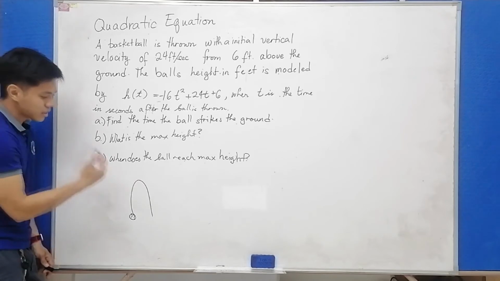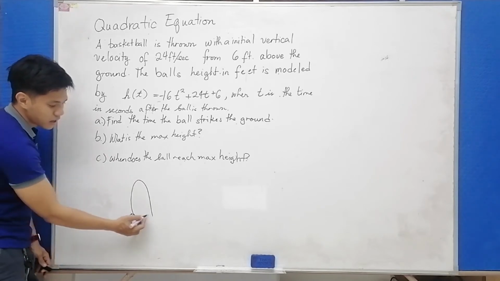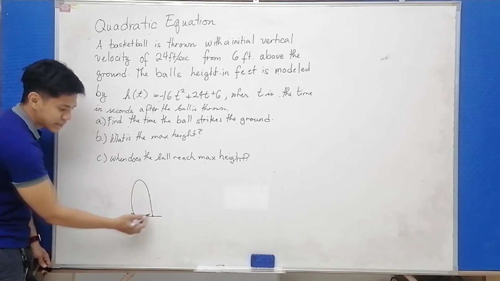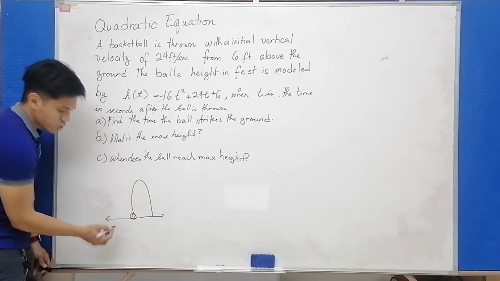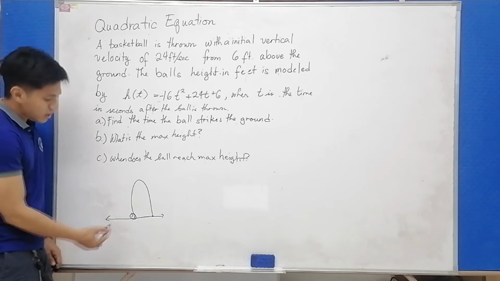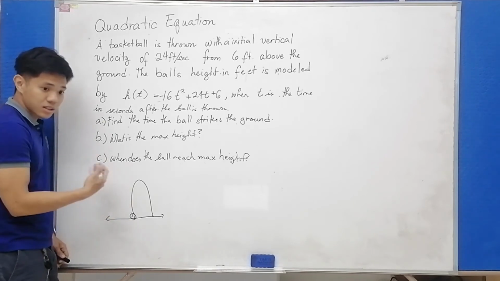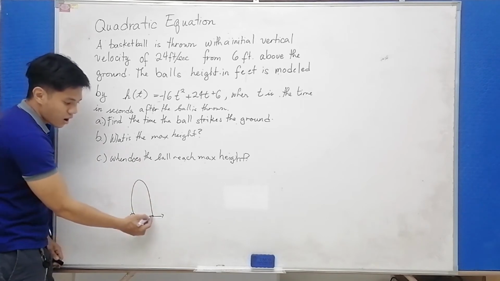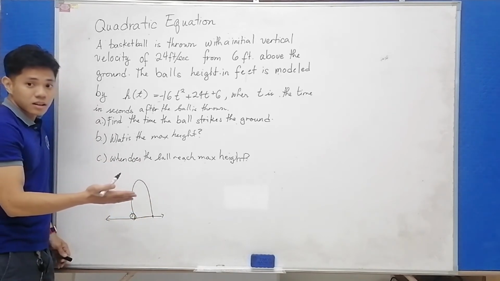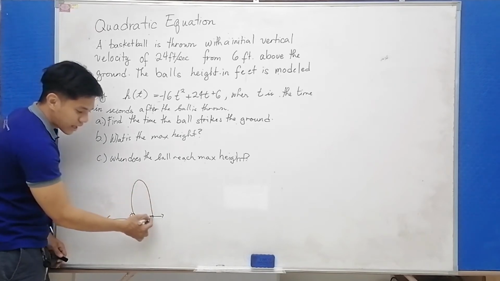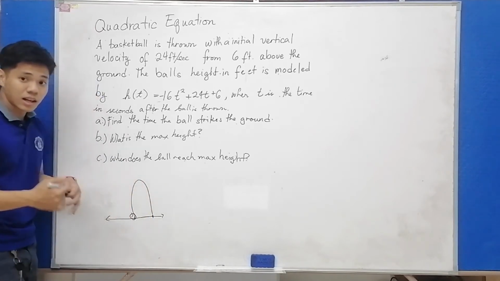Because it has this shape, the first initial time is here and the next will be here. So if we assume the ground being the x-line, that means the roots, or the x-intercepts, will be the starting and the ending point of the parabola. So if we throw a ball from the starting line, where it lands will be the next root.